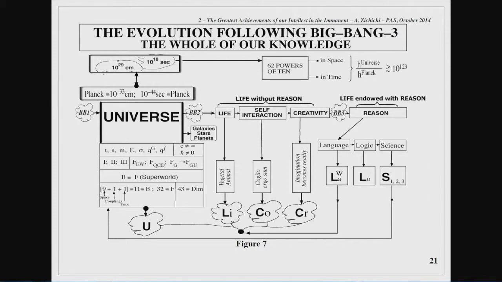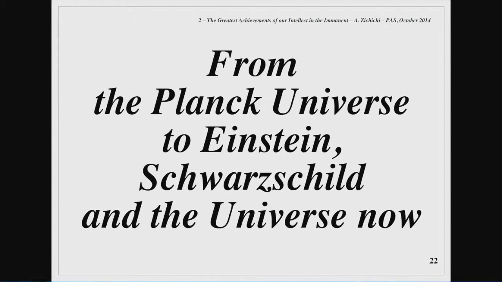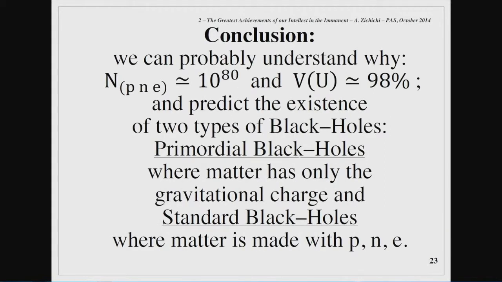In fact, people speak of the universe according to what they think the universe can be. But the only way to know what the universe is, is with the three credibility levels of science, which is on the right called S, which goes back to the universe. From the Planck universe to Einstein-Schwarzschild and the universe now is the big problem we have.